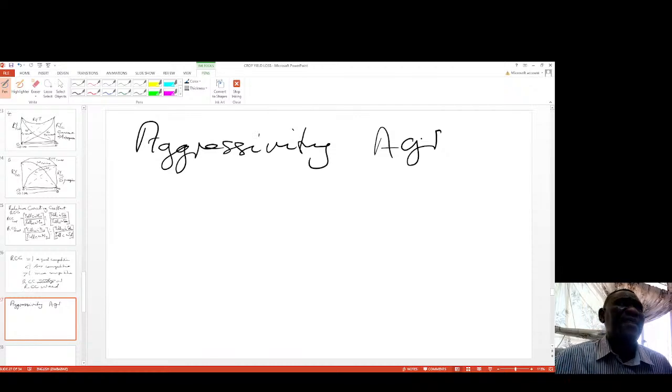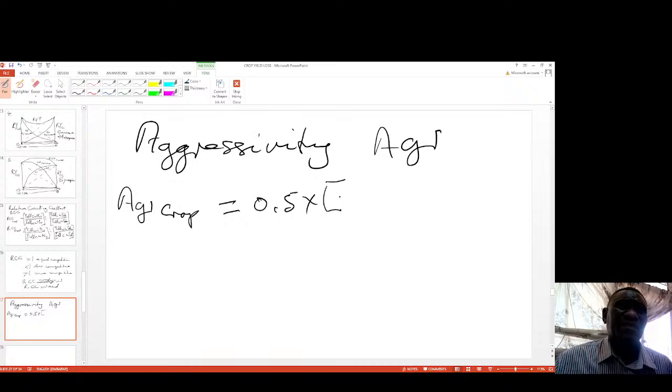Now, if we wanted the aggressivity for the crop, it will be 0.5 multiplied by bracket relative yield crop minus relative yield weed.